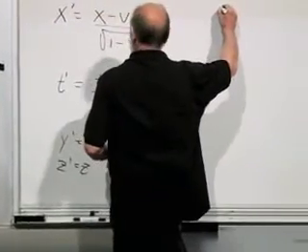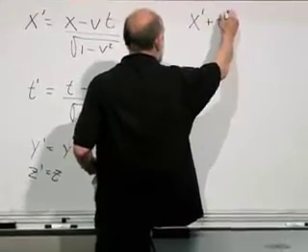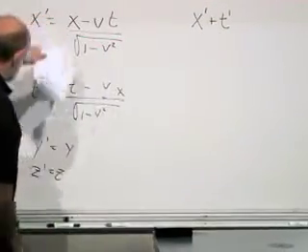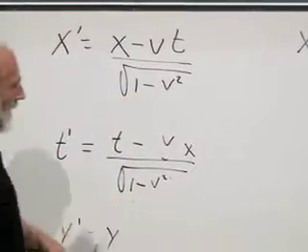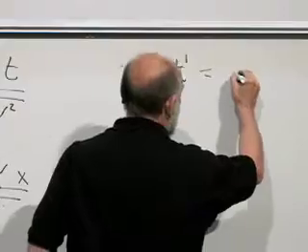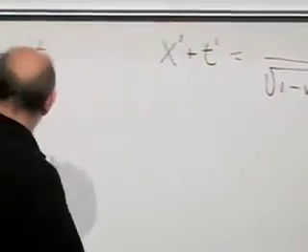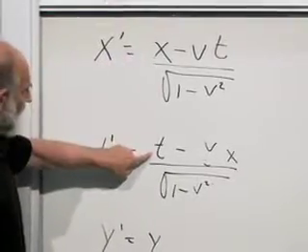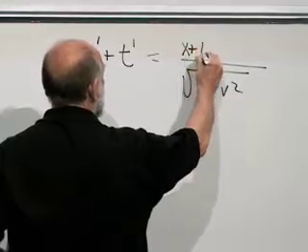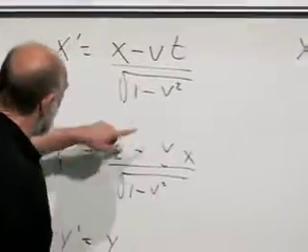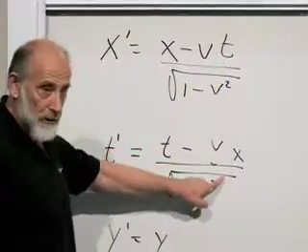What we'll get on the left-hand side is x prime plus t prime. What will we get on the right-hand side? First of all, something with the same denominator, a square root of 1 minus v squared. And then in the numerator, we'll get x plus t, but then we're going to get another term, which is minus v times x plus t.